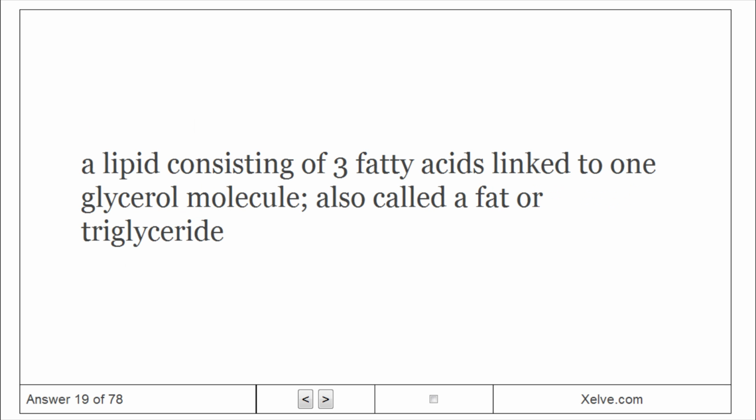Triacylglycerol. A lipid consisting of three fatty acids linked to one glycerol molecule, also called a fat or triglyceride.